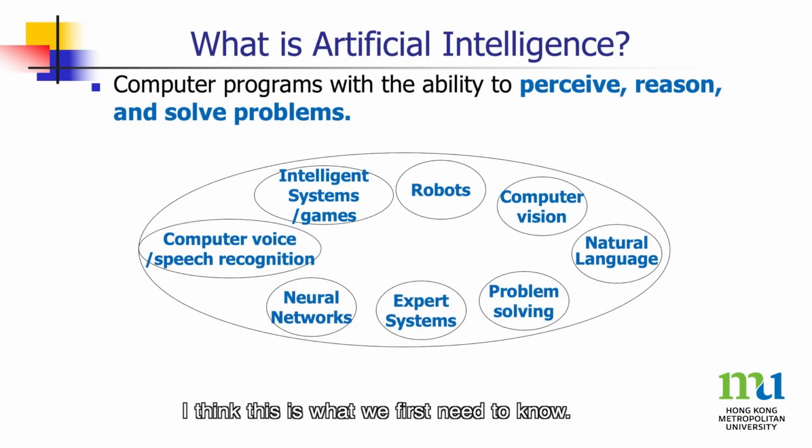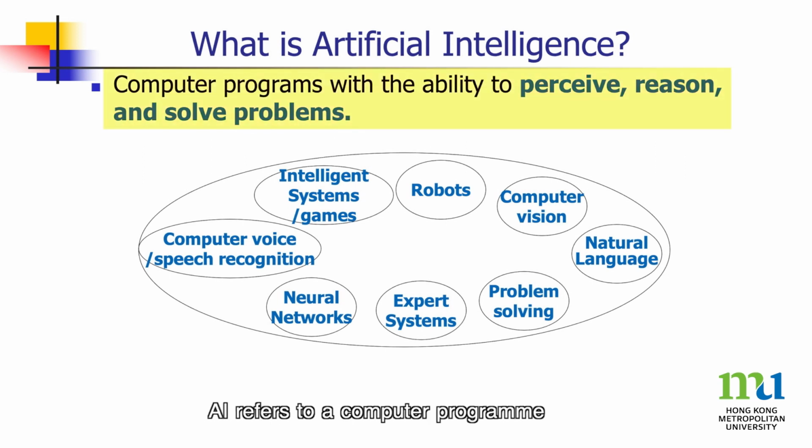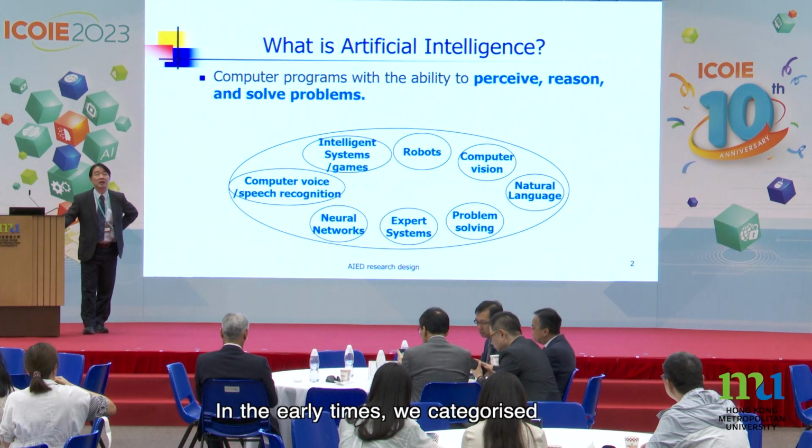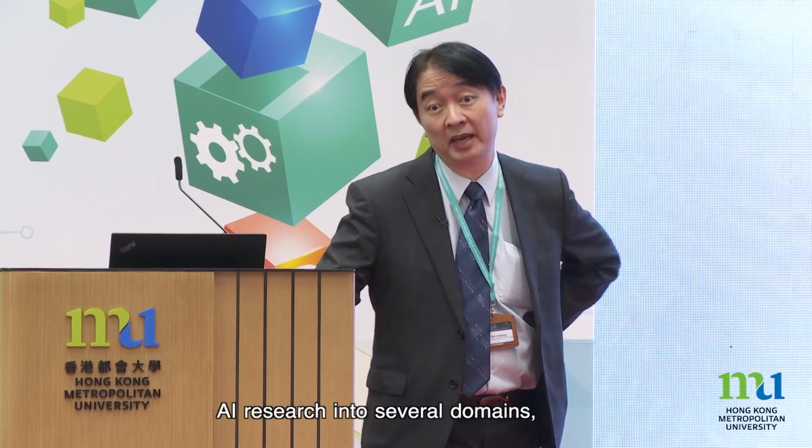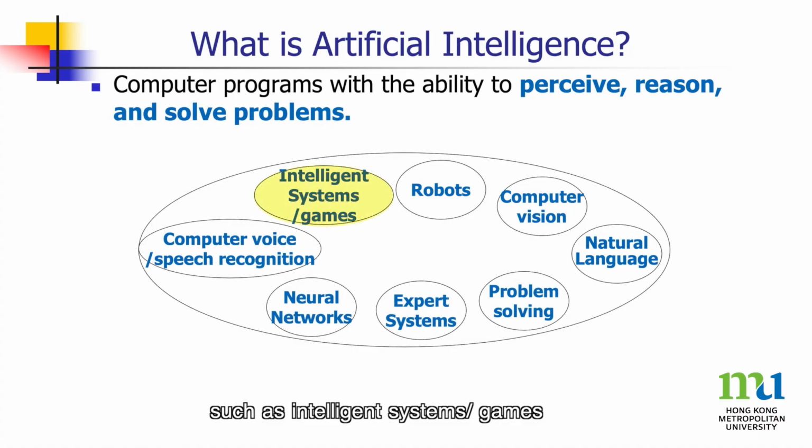What is AI? I think this is what we first need to know. AI refers to a computer program with the ability to perceive, reason, and solve problems like human beings. In the early time, we categorized AI research into several domains, such as intelligent systems, games like chess and AlphaGo, and robots.